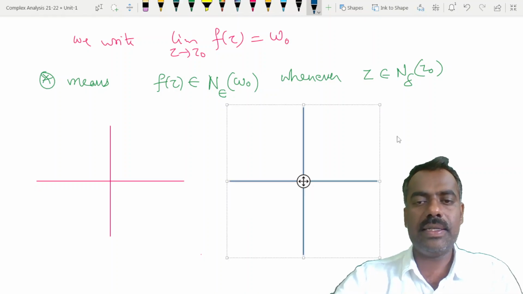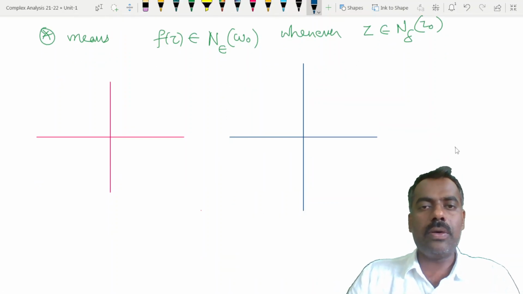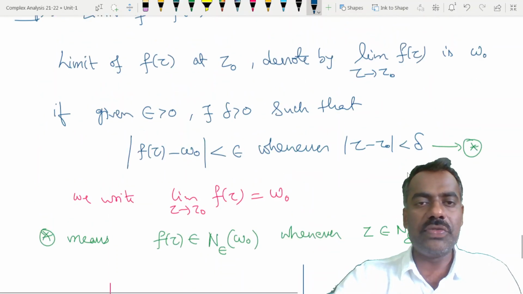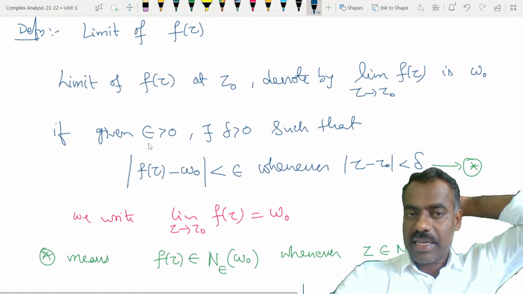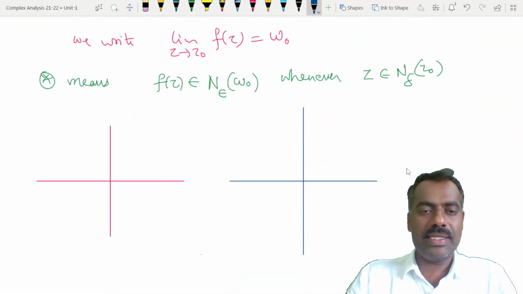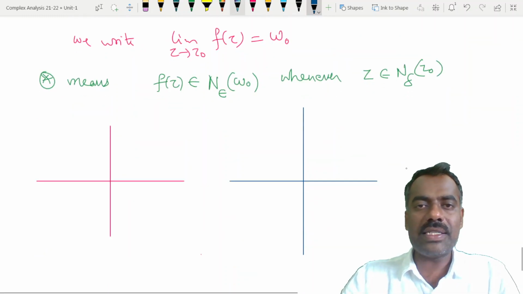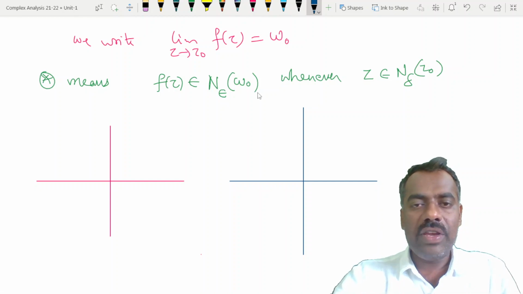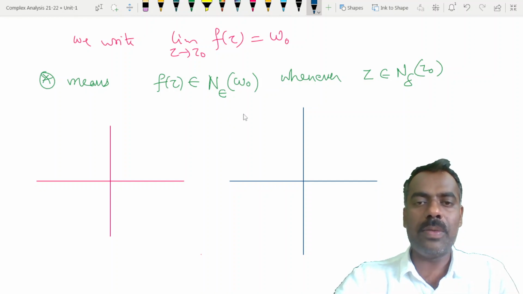We'll take it like this. Now what is the meaning of saying this? Given any epsilon, we should be able to find delta. That means epsilon is already given to us, and we are talking about the epsilon neighborhood of W naught.